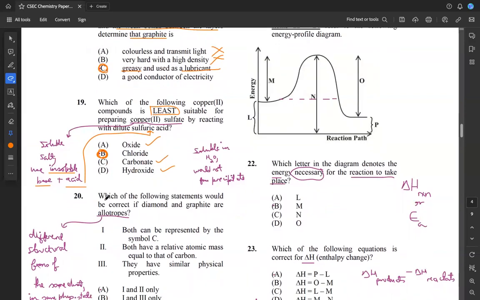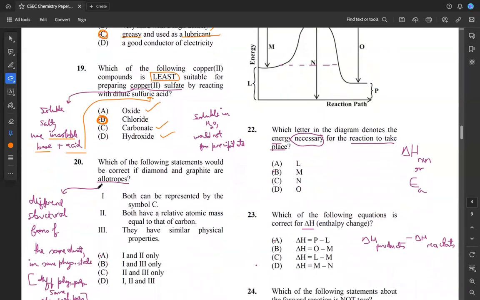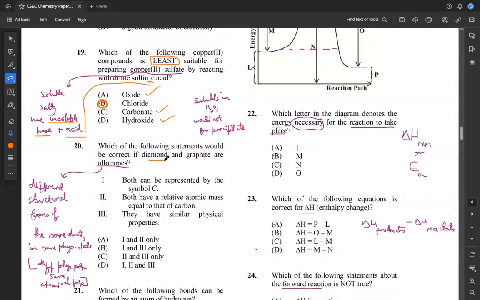So moving along to 20 now. 20 says, which of the following statements would be correct if diamond and graphite are allotropes? Right away, we have to drag our memories back to how we define allotropes. Allotropes are different structural forms of the exact same element. So diamond and graphite are different structural forms of carbon.